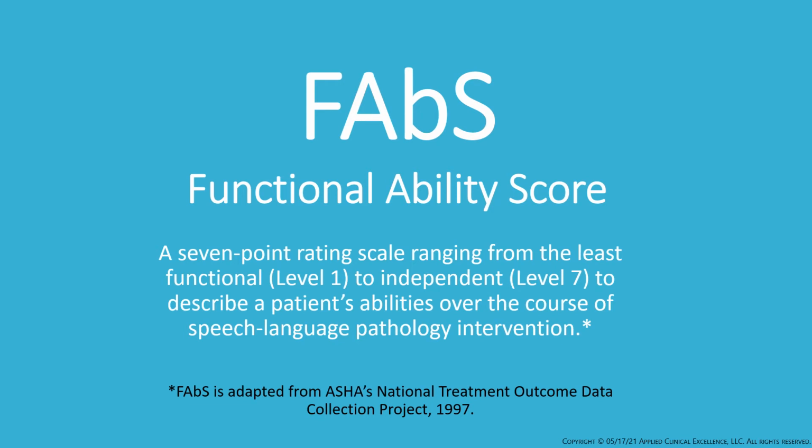The functional ability score, or FAbS, is a 7-point rating scale that describes a patient's abilities over the course of speech-language pathology intervention. FAbS is adapted from ASHA's National Treatment Outcome Data Collection Project and is copyrighted by Applied Clinical Excellence.